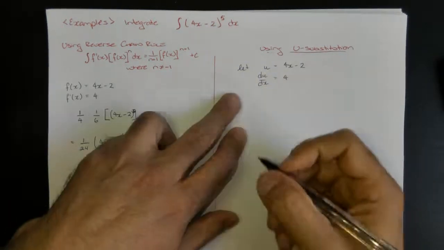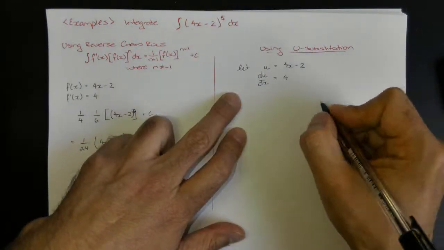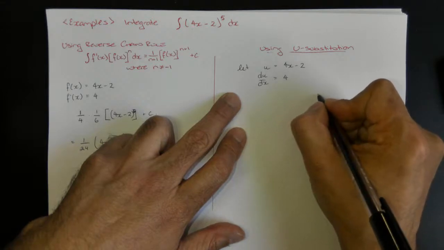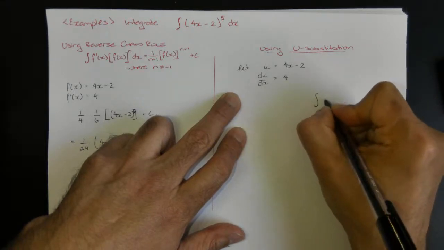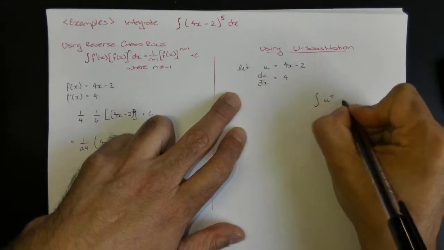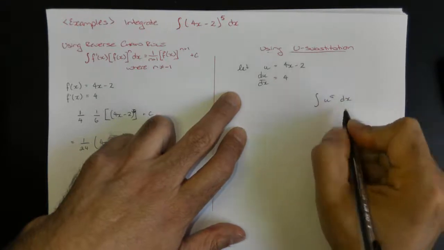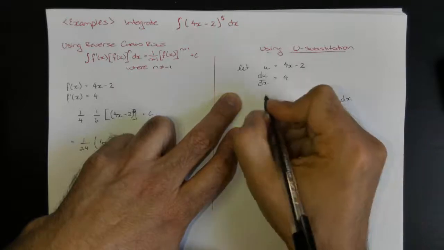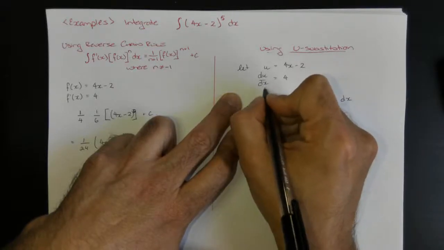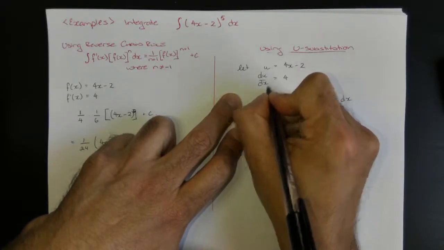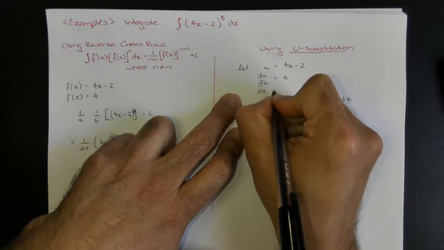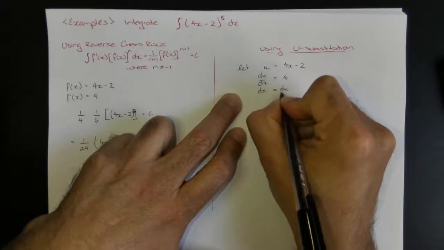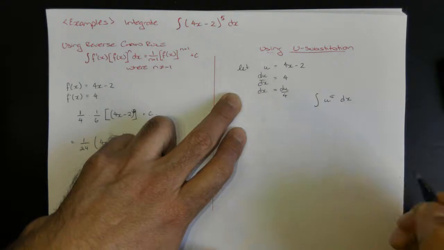Okay, and so what we've done is we've substituted, but we don't like dx, so using this we have dx is equal to du over 4 by just cross multiplying.